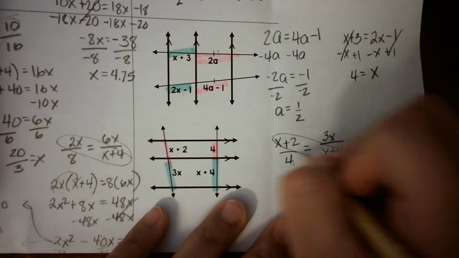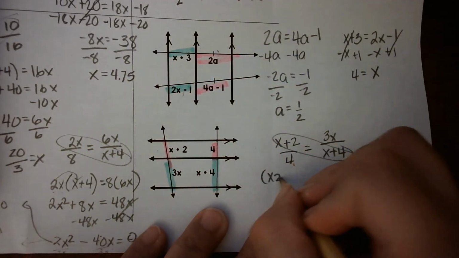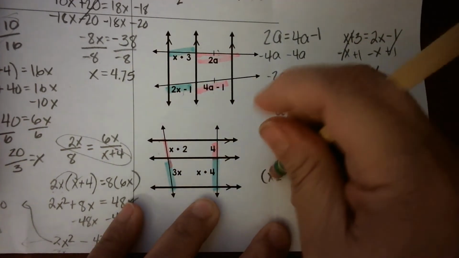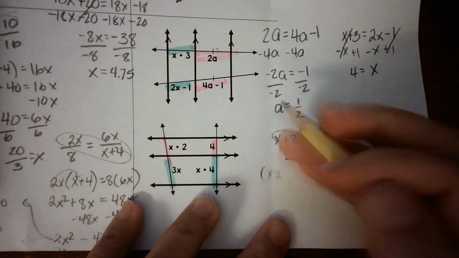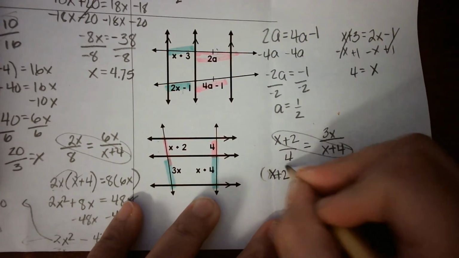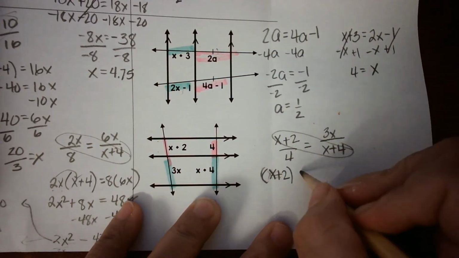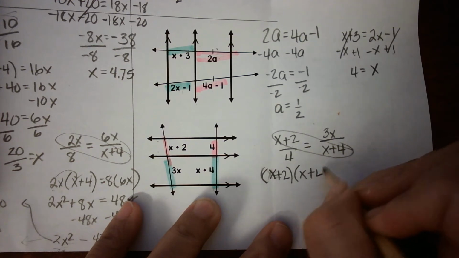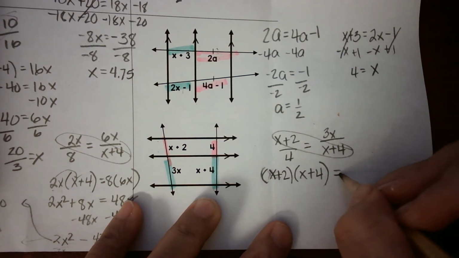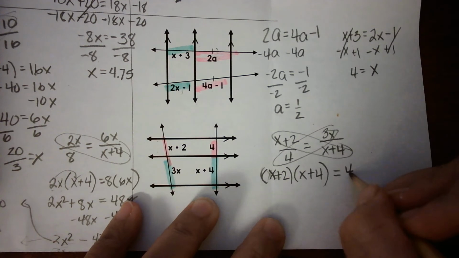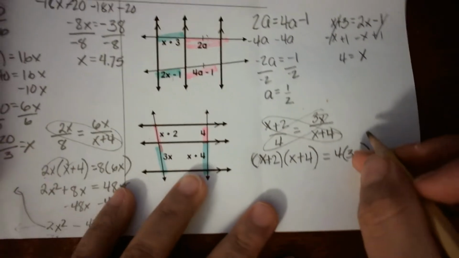We're going to cross multiply. I have x plus 2 times x plus 4 is equal to 4 times 3x.